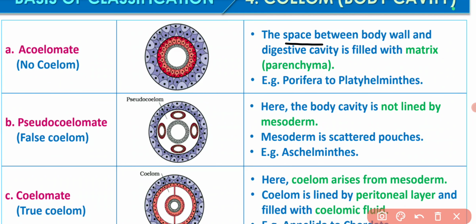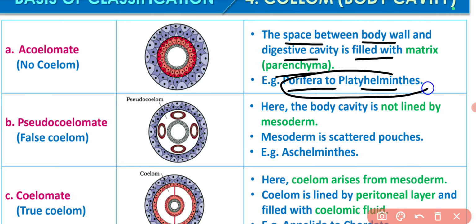The space between the body wall and the digestive cavity is filled with a matrix called parenchyma. Examples are Porifera to Platyhelminthes. So these are acoelomate animals where no coelom is found, because the space between the body wall and the gut wall is filled with parenchyma.